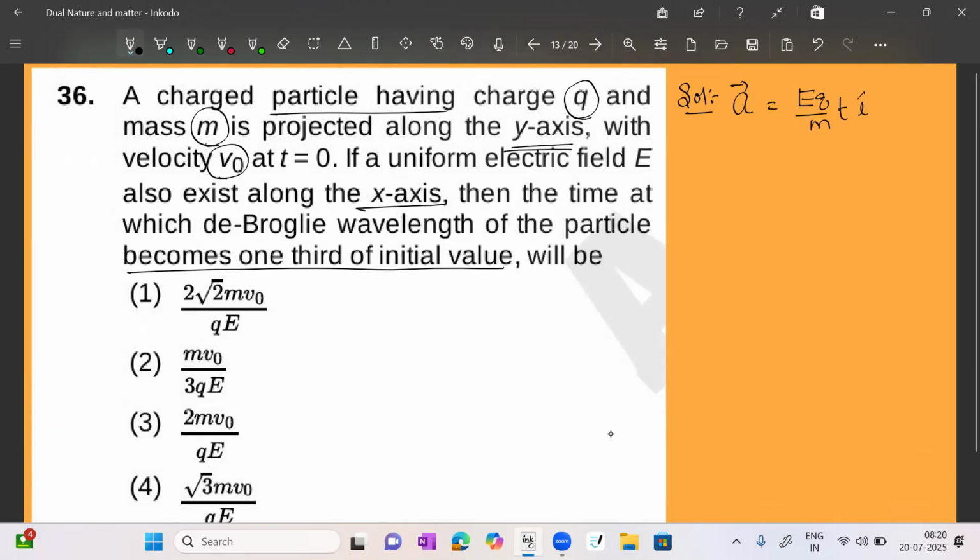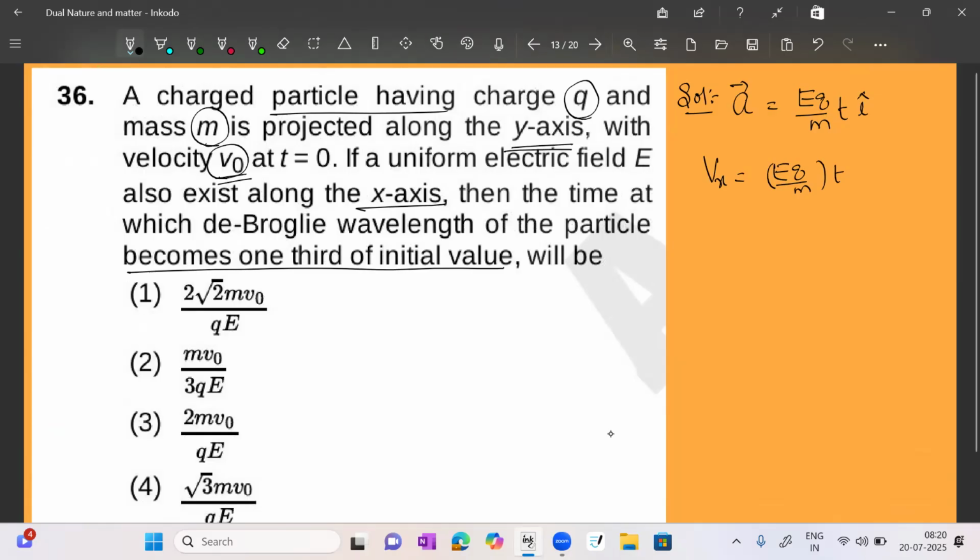Why? Because it is projected along the y-axis with v naught. Along the x-axis, the initial velocity is 0, no? So we can take it as 0.